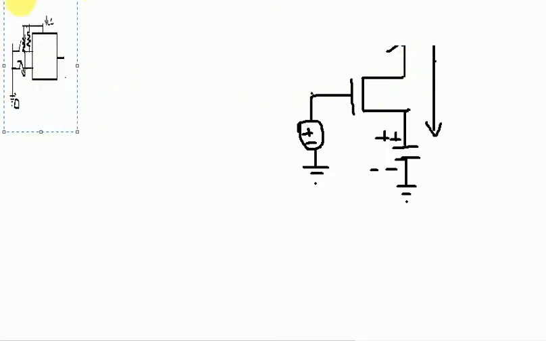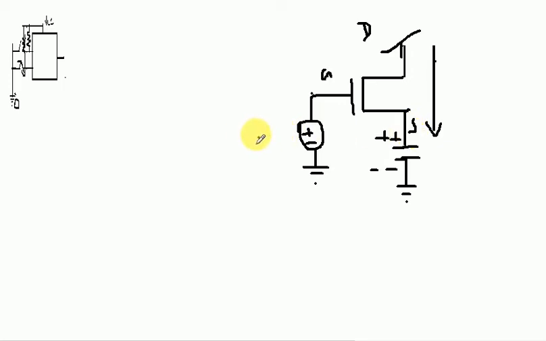So this is a single NMOS, and this is my VCC, this is the source. Sorry, this is the gate, this is the drain, and this is the source. A typical NMOS.